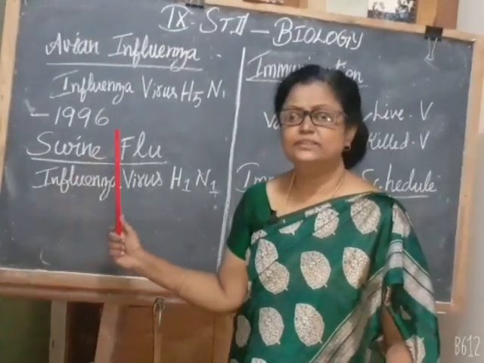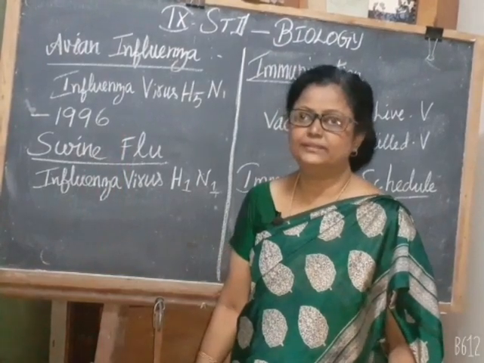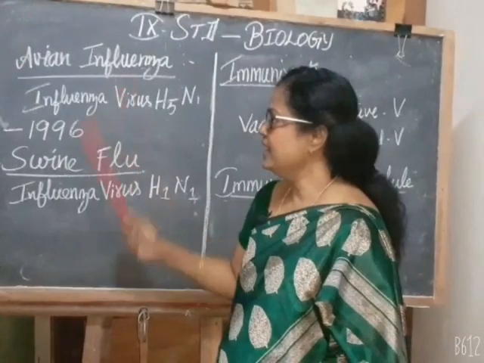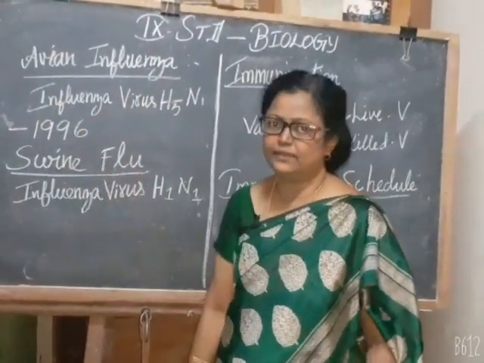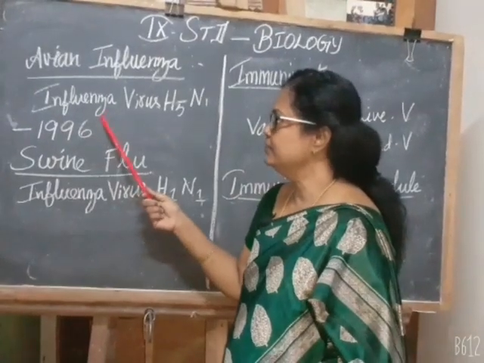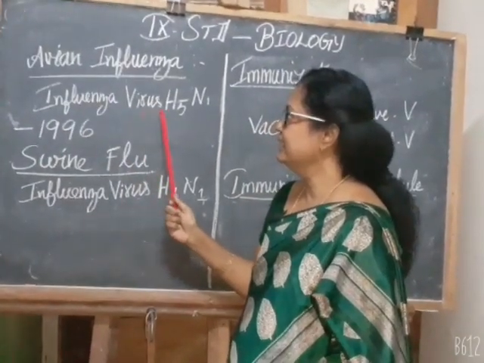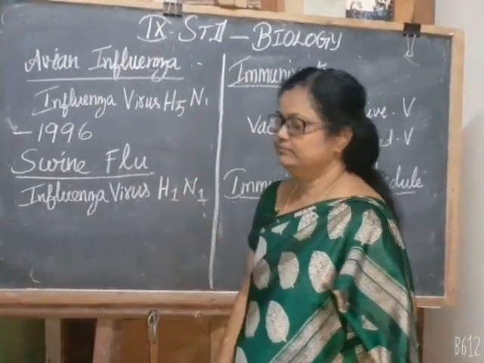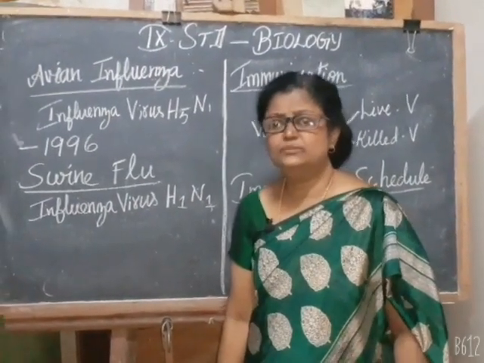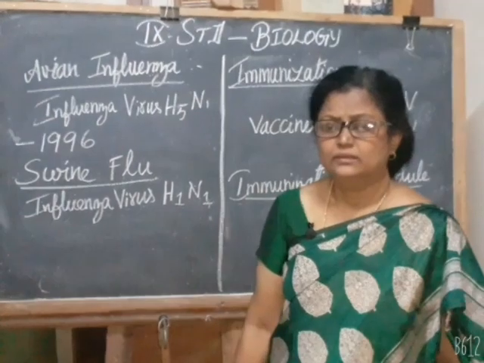The next one is the disease transmitted by animals: avian influenza and swine flu. First we will see avian influenza. Avian influenza is caused by influenza virus H5N1, and it is carried by birds.